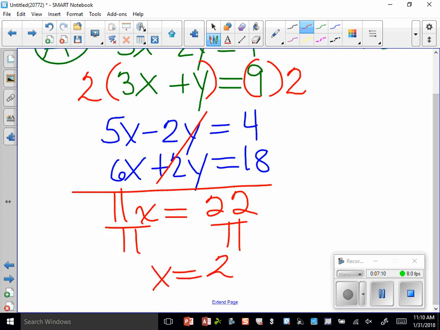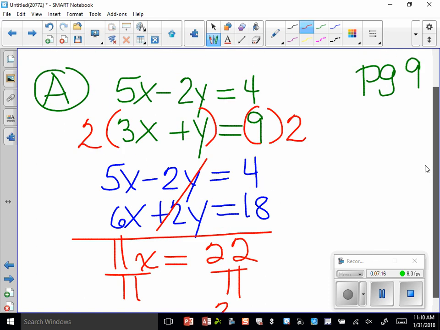2. Now, I suggest when you are going back to find the y-coordinate, go back to the original problems and not where you actually made the numbers larger. Okay, I always like to deal with the smaller numbers. So this time I'm just going to go back to, it doesn't matter, I'll go back to this one here, 3x plus y equals 9.